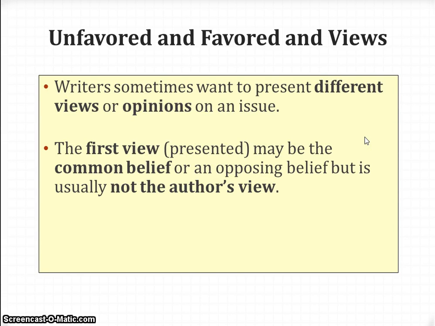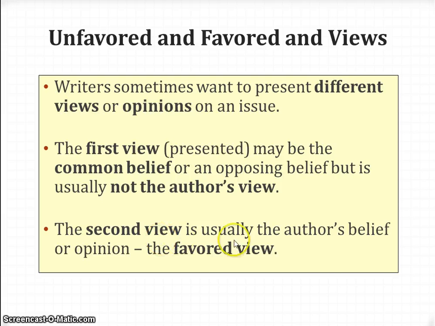They present the first view, which we call the common belief, which is usually not the author's view or opinion. It's the opposite one. It's the one everybody thinks or everyone believes, or it might be a view that other researchers believe. But it is not the author's view. The second view is usually the author's opinion. This is what we call the favored view.